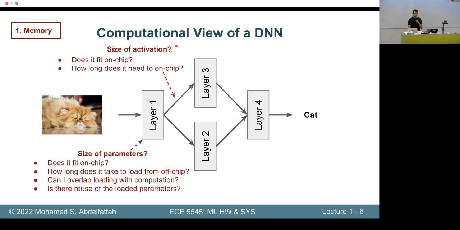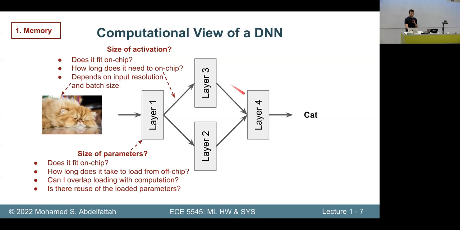Similarly, during the computation itself, there are these huge tensors being produced. What is the size of those activation tensors? Do they fit on the chip, or do I need to spill them to external memory? How long does it need to remain a live value on chip? Is it used in multiple branches downstream, so it needs to stay buffered on chip for a long time?